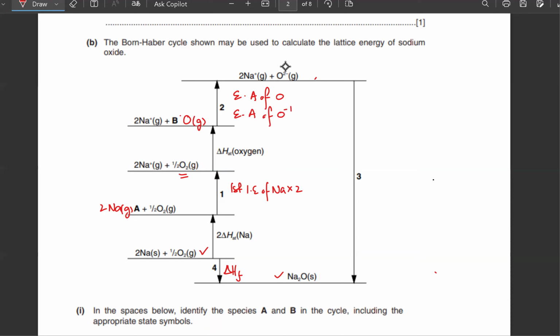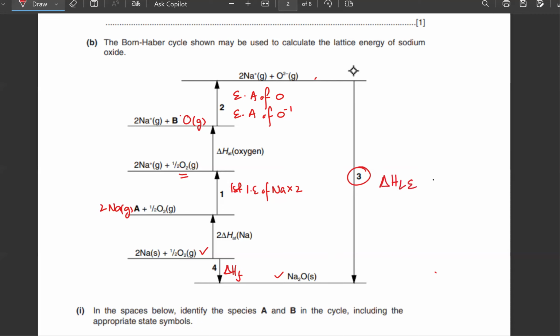So it's the electron affinity of oxygen and electron affinity of oxygen minus 1. Once you have gaseous ions and you're forming the ionic lattice, what is 3 then? The lattice energy of sodium oxide. Yeah, that's the lattice energy.